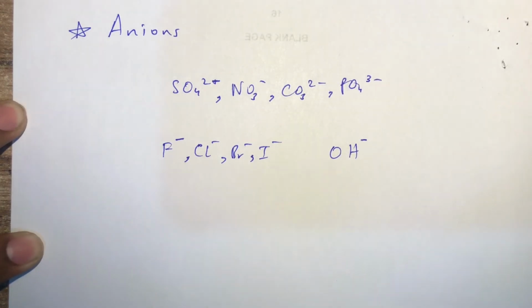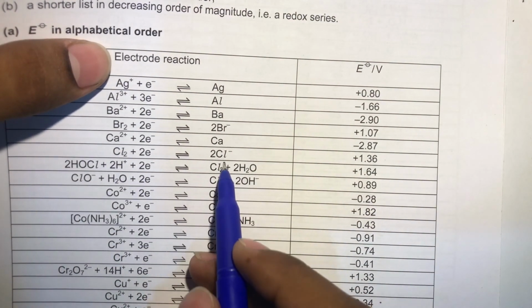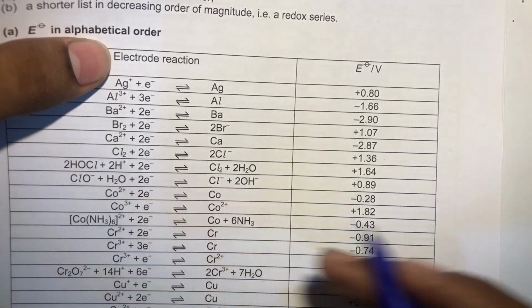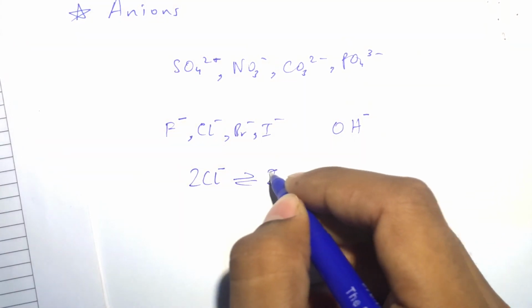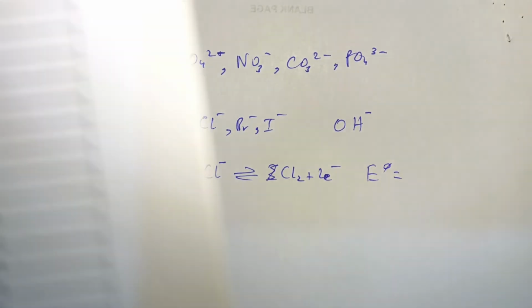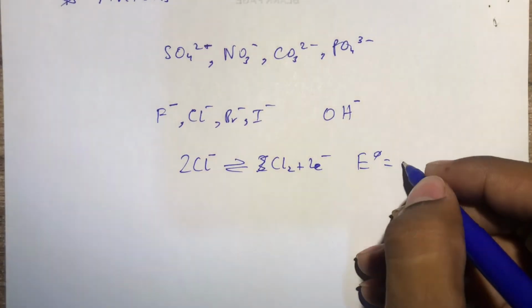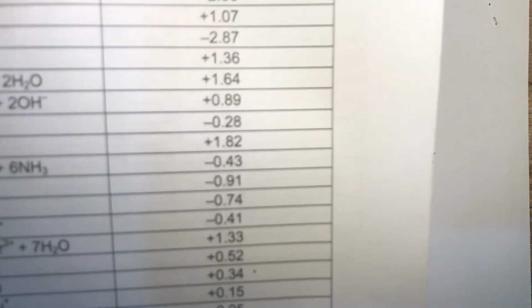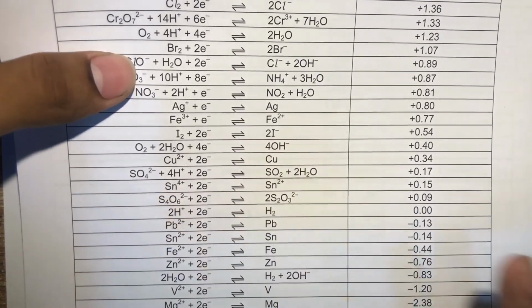The reason for that is, let's see the equation for chloride. The equation for the oxidation of chloride would be 2Cl negative going to Cl2 plus 2 electrons. So then the E naught value would be, for the forward reaction plus 1.36, for the backward reaction it will be negative 1.36. For hydroxide, this is the forward equation, but we need the backward equation.